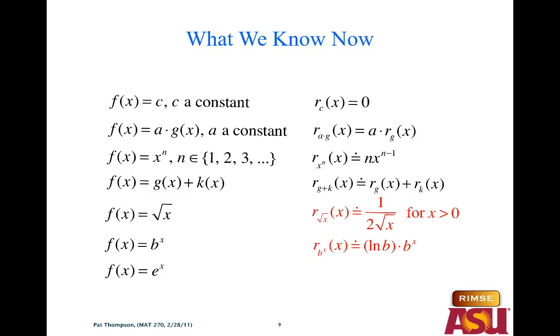But then a special case of that is e to the x, where the natural log of e is 1. So the rate of change of e to the x is also e to the x. Really special function, right? The rate of change of the function is the same as the amount, or the y value.